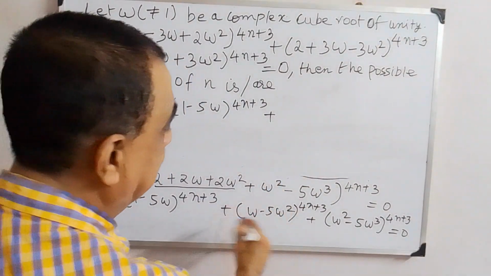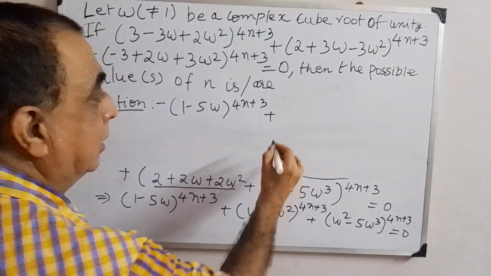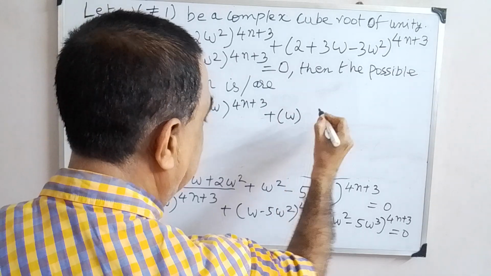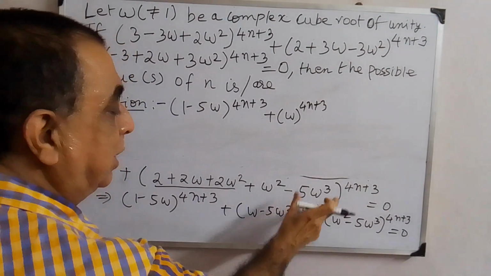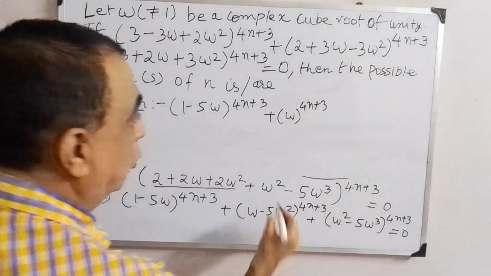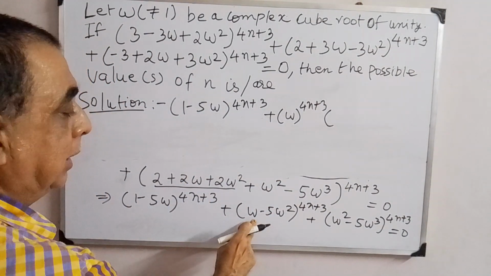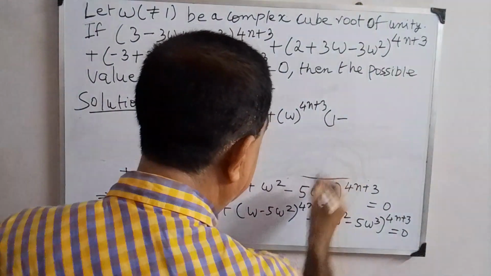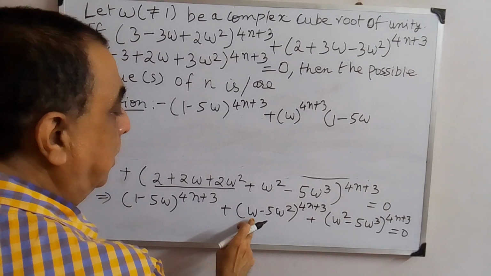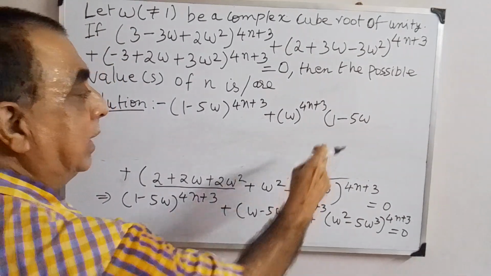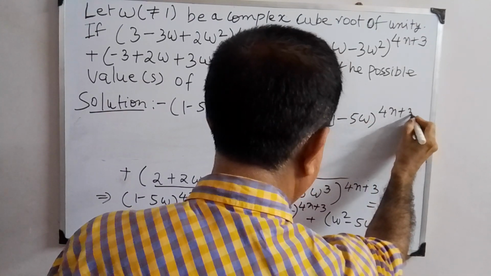When I take omega out, that will become omega to the power 4n plus 3, because this whole expression is raised to the power 4n plus 3. What will be left inside the bracket after taking omega out? It will be 1 minus 5 omega, because I am taking omega common, so here it will be 1 and here it will be minus 5 omega, whole to the power 4n plus 3.